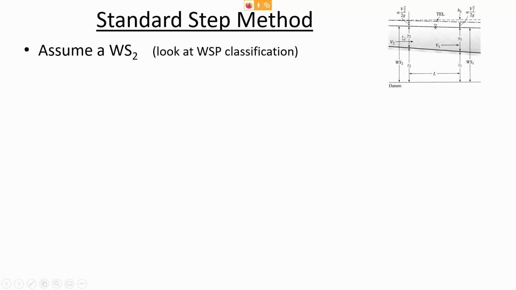So you'll start with a guess for the depth Y2, and you'll add that to Z2 and come up with an assumed depth for the water surface elevation at 2. And you can sometimes do better than just a random number. You know, if you look at the water surface profile classification and you find out that you have a mild slope and it's a type 1 profile, then maybe that would tell you that Y2 is a little bit shallower than Y1.